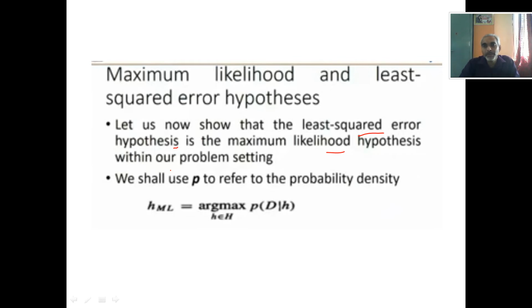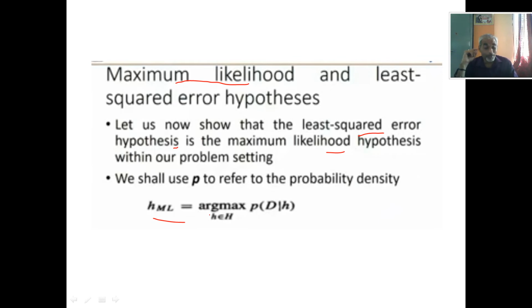We shall use small p to refer to the probability density function. We have already seen that definition. Now we are going to say H_ML. What is this H subscript ML? This is the maximum likelihood hypothesis. We have seen this definition already in the previous unit.